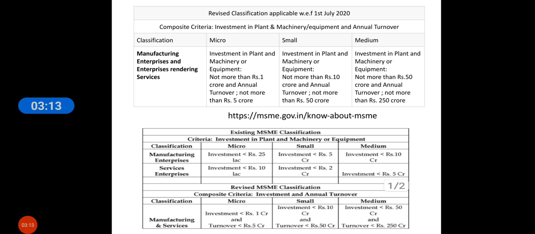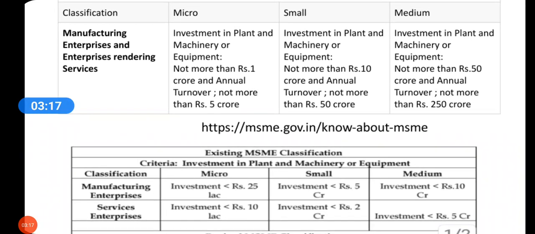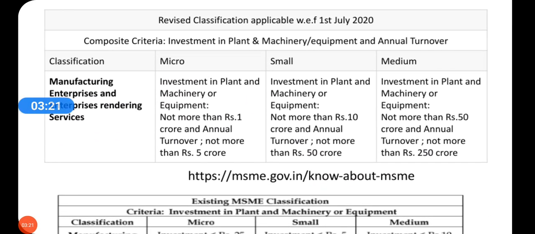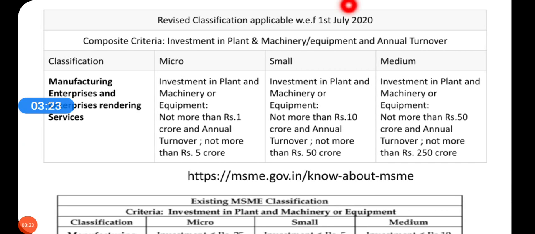Now see this in the form of a table also. The revised classification here is with effect from 1st July 2020. For manufacturing enterprises and service rendering enterprises, the micro category means investment in plant and machinery or equipment not more than 1 crore and annual turnover not more than 5 crore.